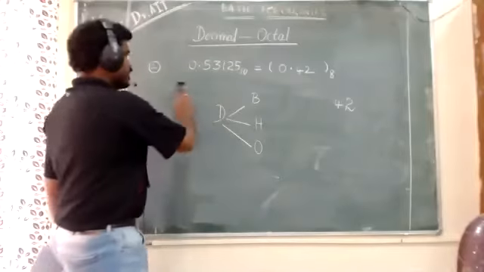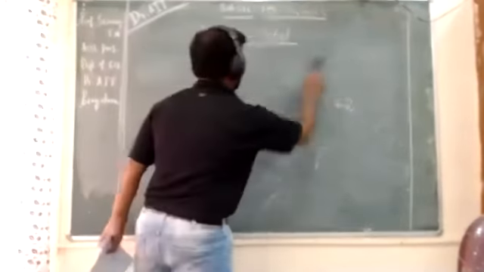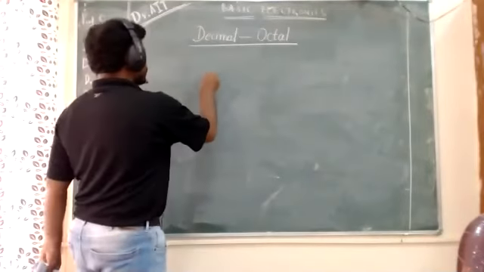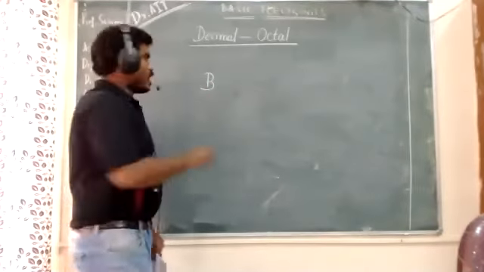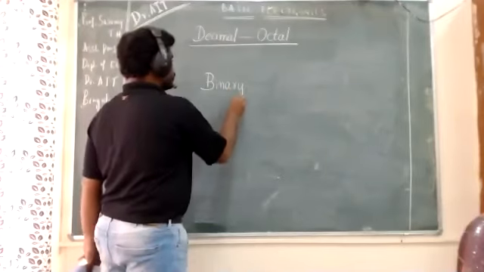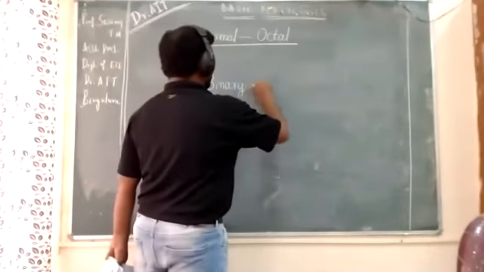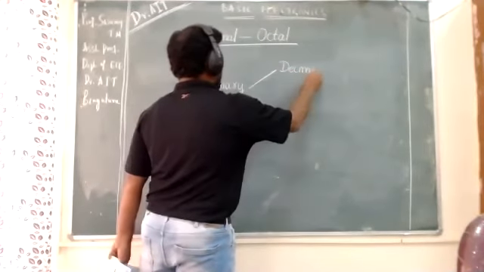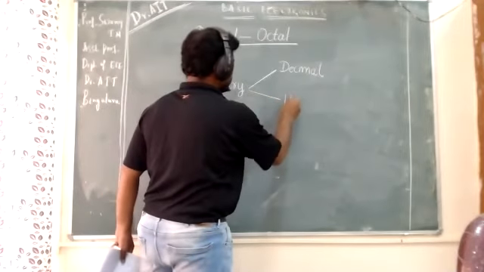Okay, so now we'll take the next topic. The next topic is, we will take a binary number and we'll understand how we can convert this binary number to a decimal number, and how we can convert this binary number to hexadecimal.